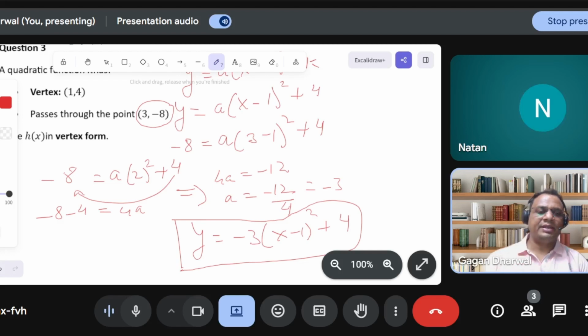And the other form we did was the factored form, where they will give us the x-intercepts and any one point it passes through. So the factored form was a times x minus p times x minus q, where p and q are the x-intercepts, and they also will give us one point, as we already discussed, to find out the value of a. So that's all about the vertex and the factored form.